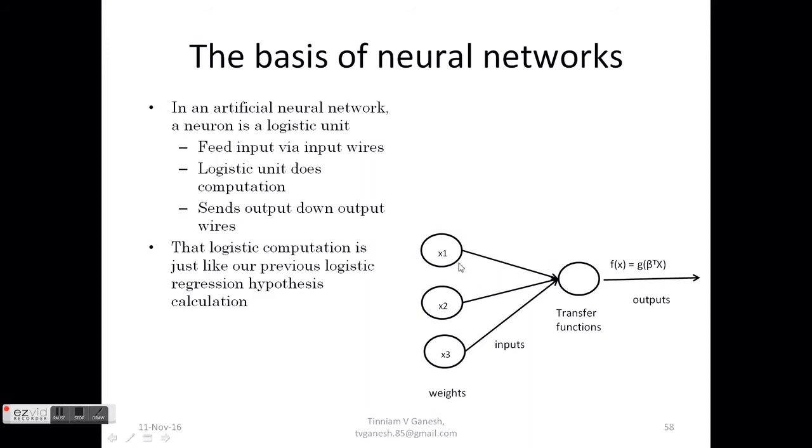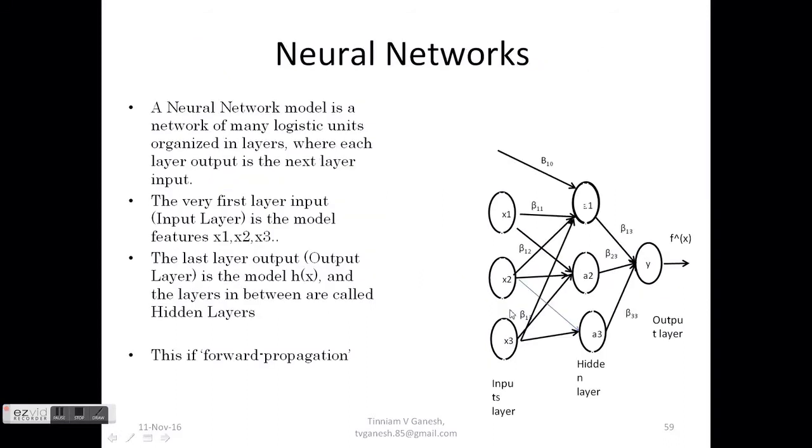You have 3 input wires, and you have a computation unit, just a similar logistic computation unit, and then you have an output. For example, you have 3 input wires, x1, x2 and x3, and then you have weights which are used with these inputs.